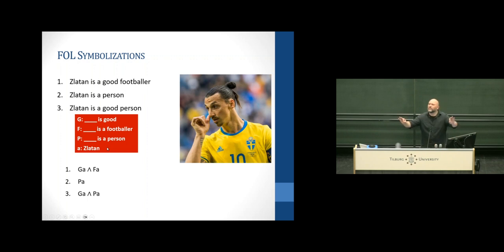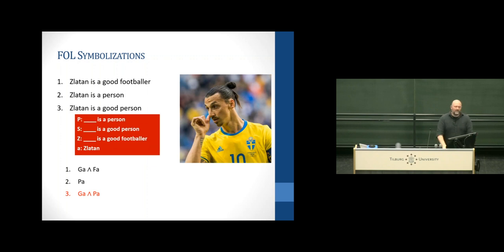Does everyone see the problem? So what we need to do is get rid of this, and we can do that by changing the key. Let's change the key to P is a person, S is a good person, and Z is a good footballer. With this new key, avoiding the problem, how would we do our sentences?